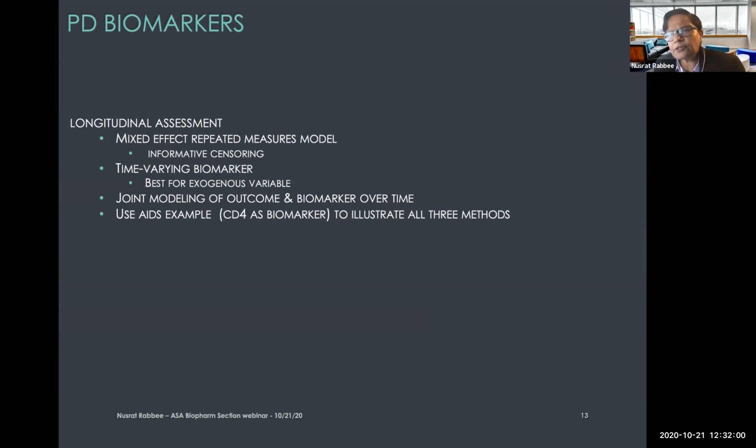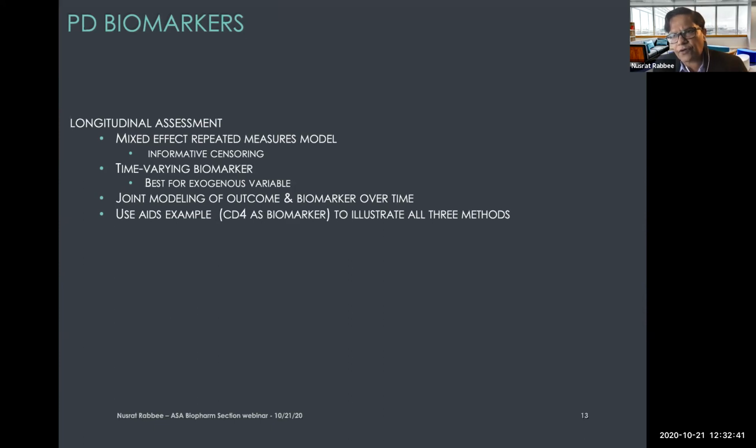Approach 2 is actually using the time varying covariate. Now, this is good for an exogenous variable, and it's been very well implemented in the time to event paradigm in the hazard modeling. So it's interesting because time varying covariate compares the risk of the event at each event time t between covariate set and risk set at time t.